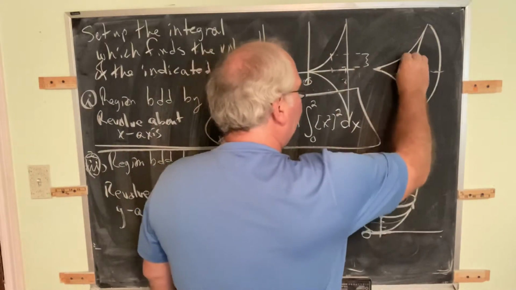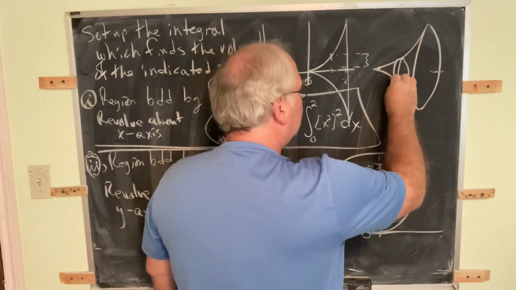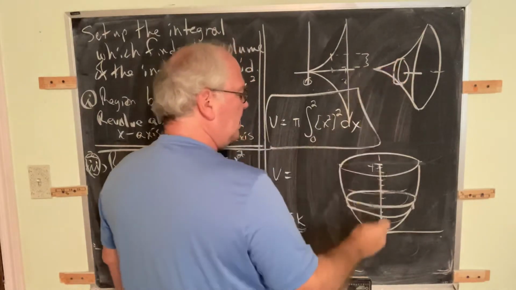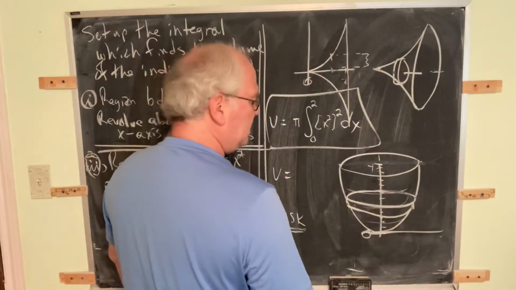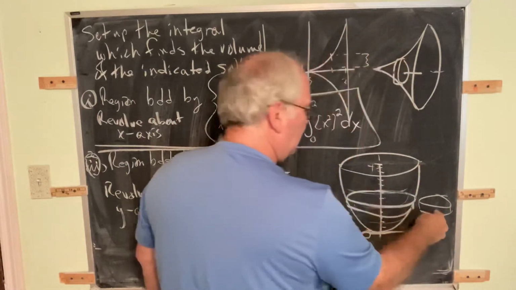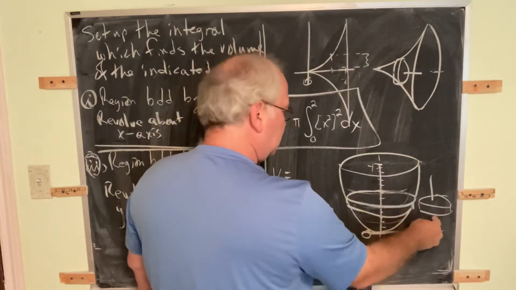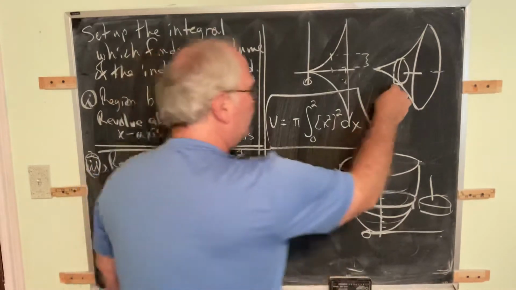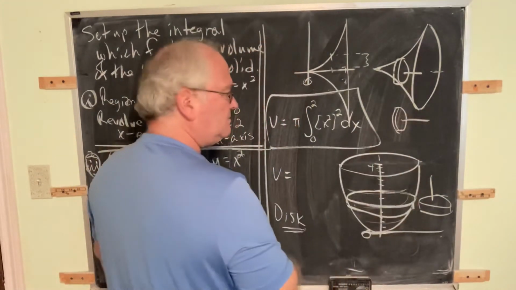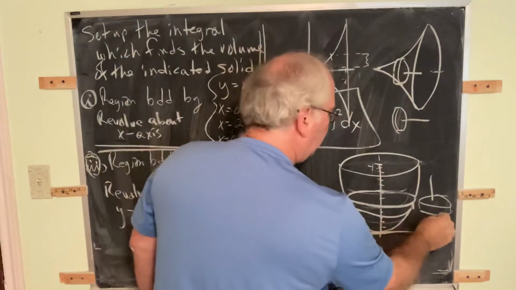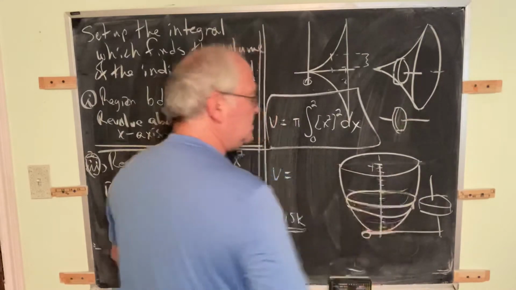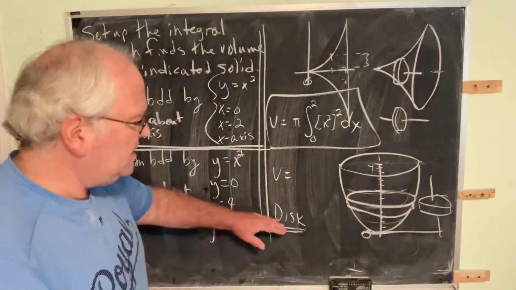Here the representative piece was also a disk. It's just here it's oriented revolving about the x-axis, here it's oriented revolving about the y-axis. If we take this out of the picture, it would look like that. So here we have a disk with a vertical axis, here we have a disk with a horizontal axis, but this is the disk method.